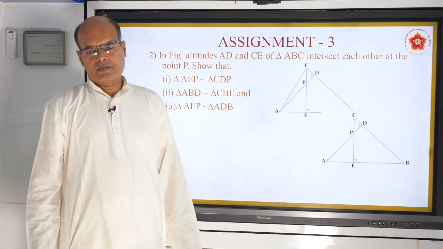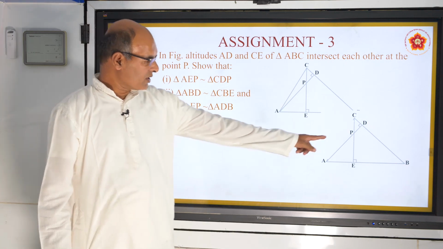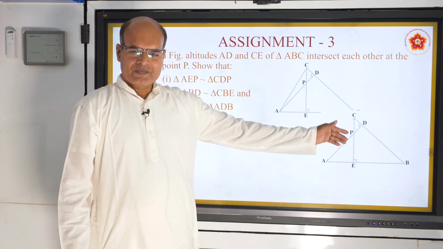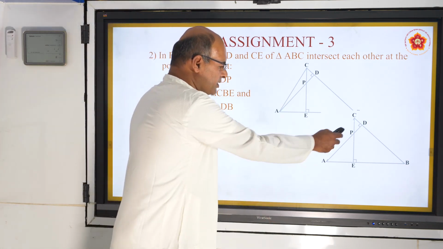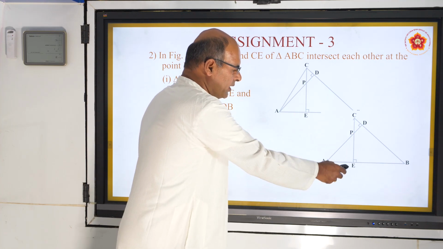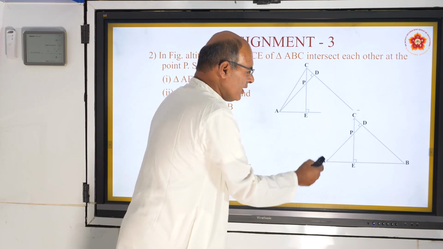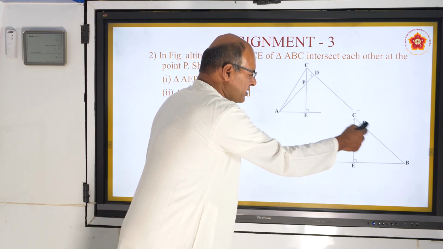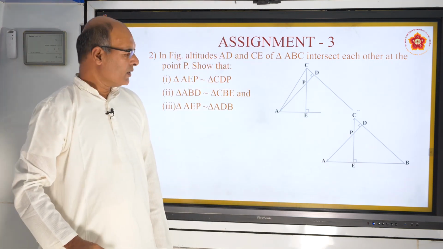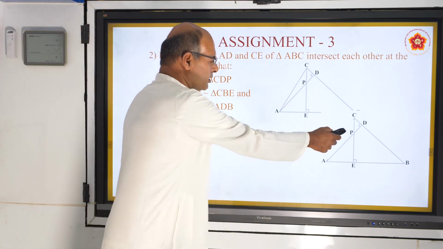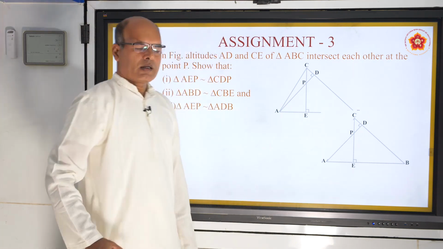One pair of angles is over, then vertically opposite angles? Do you think so? No. Here this angle APE neither belongs to triangle ABD nor belongs to triangle CBE. Therefore it is not considered.